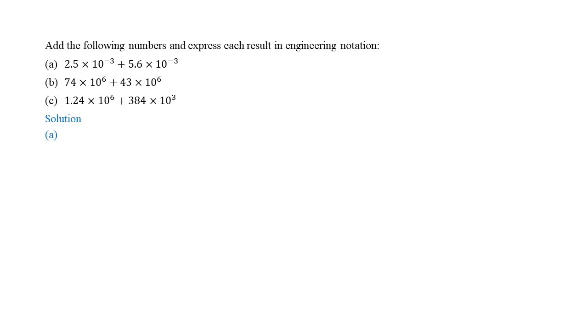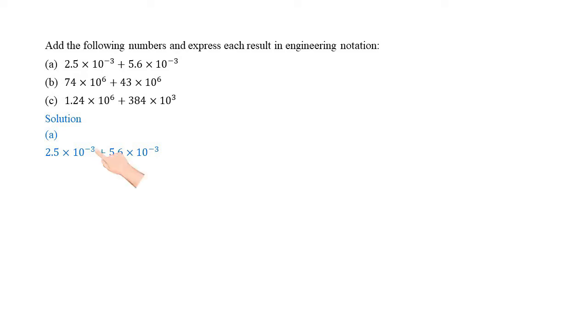Question A, let's copy down the expression. 2.5 times 10 to the power negative 3 plus 5.6 times 10 to the power negative 3. So first thing, let's check the exponent of that power of 10 for both numbers.